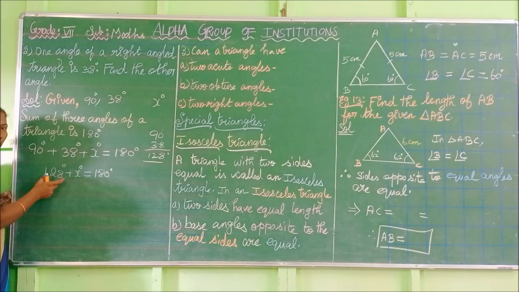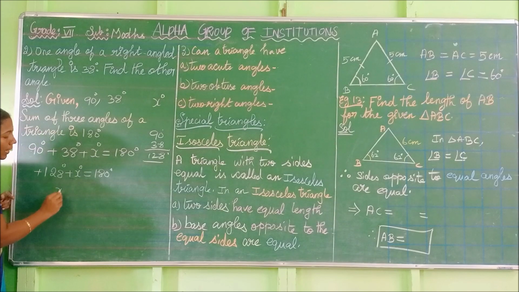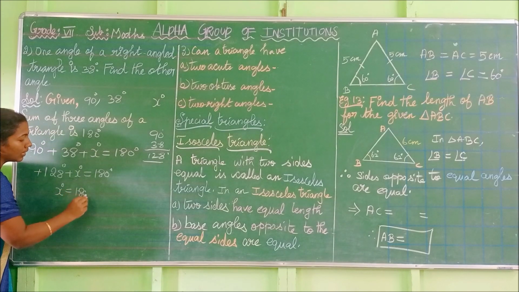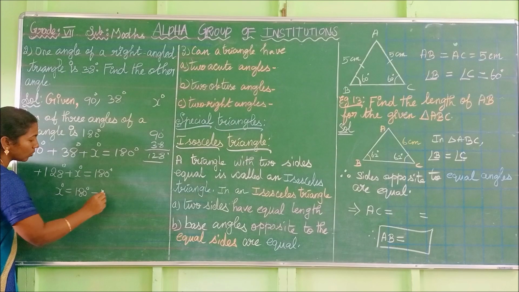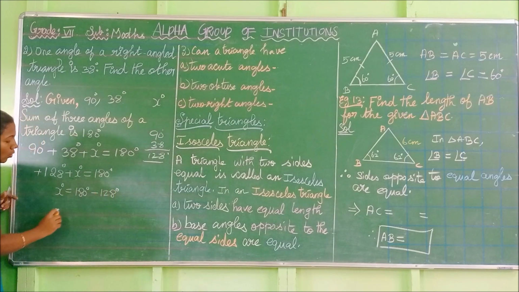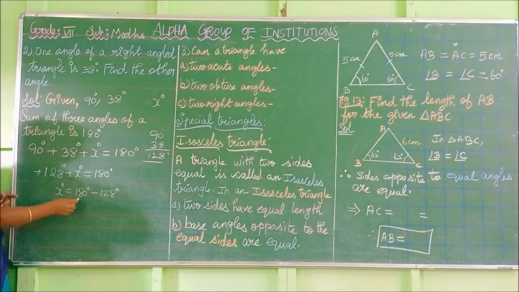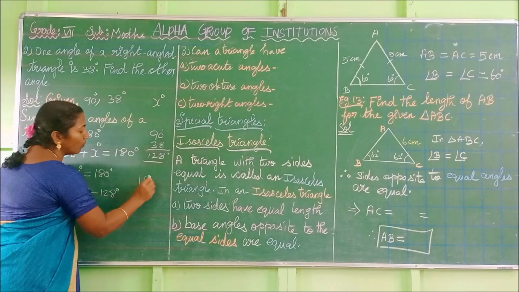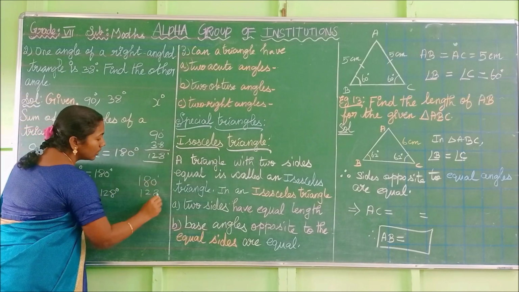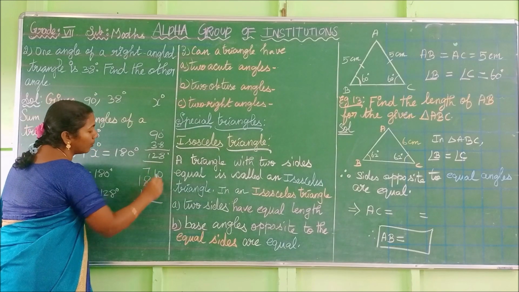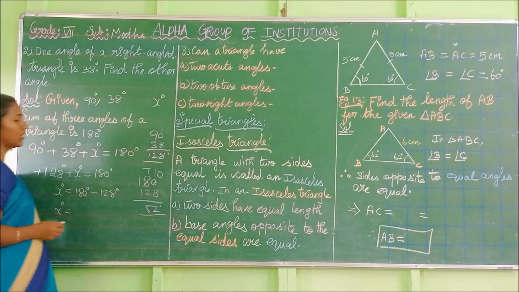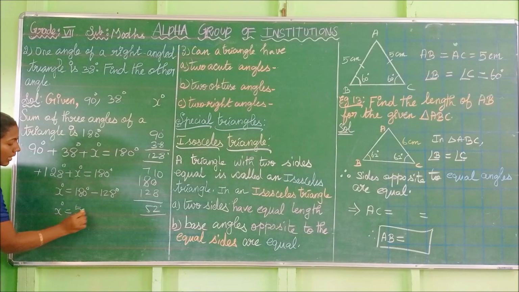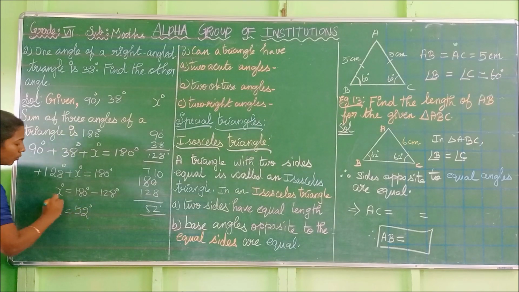Before 128 we don't have any sign, so you have to understand the sign of 128 is plus. So x equals 180 minus 128. Now by subtracting 128 from 180, we can find the third angle. 10 minus 8 is 2, 7 minus 2 is 5, so the other angle is 52 degrees.